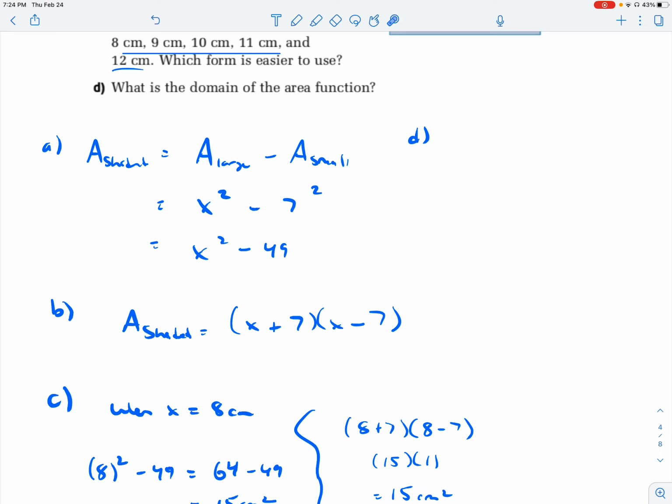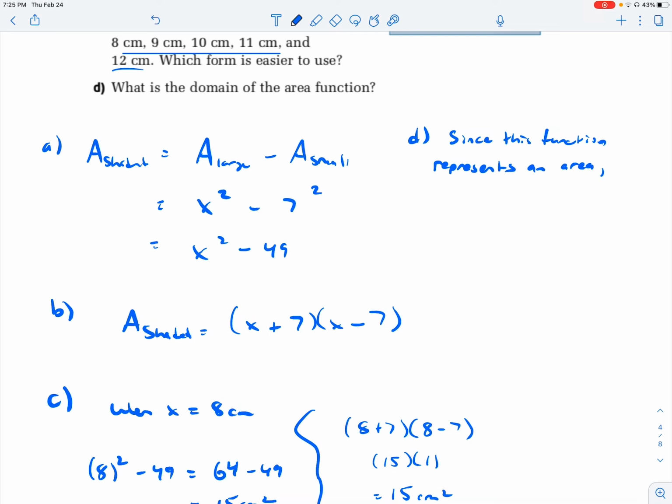Okay, so since this function represents an area, we should restrict it.